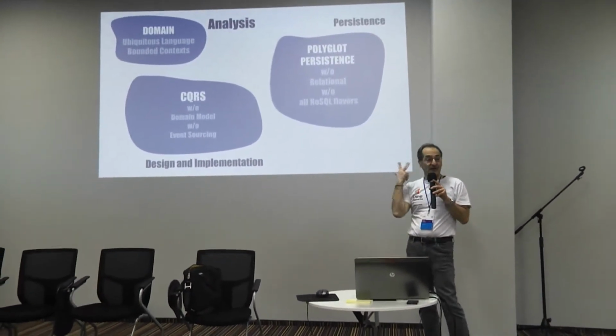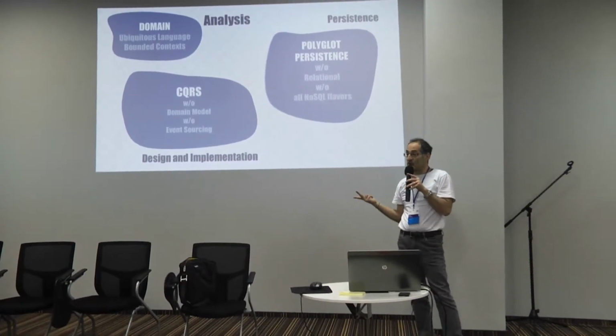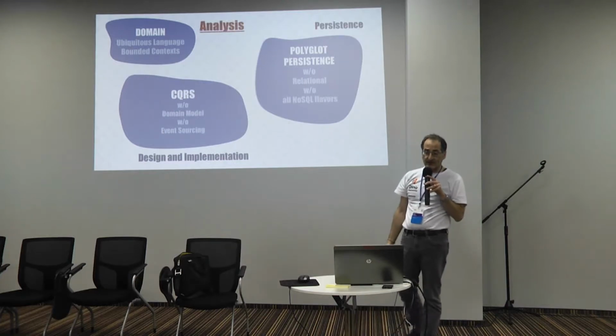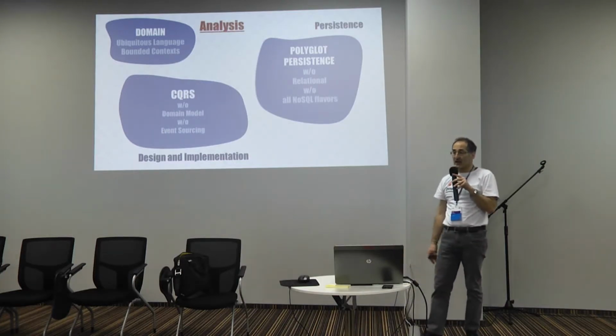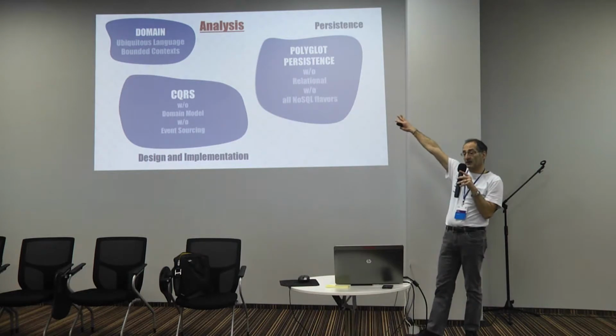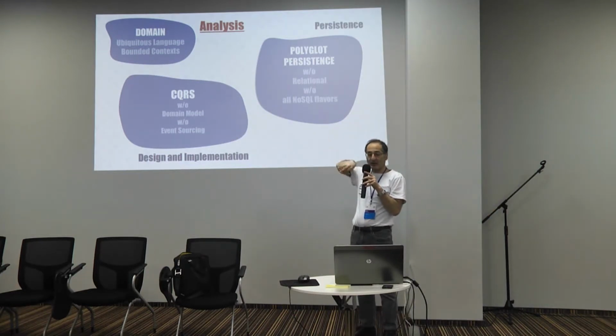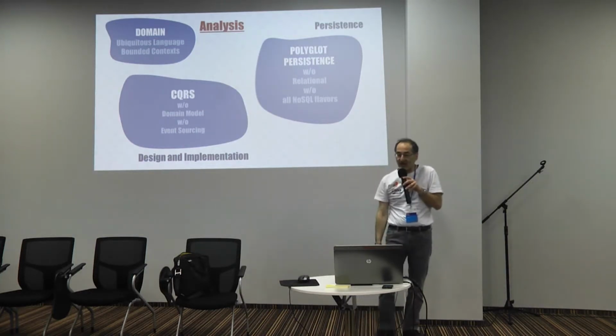So the three key steps of a software project. And what I'm doing now is, in the next few slides, expanding on the structure of this session. This panel is discussing the three aspects: analysis, design and implementation, and finally persistence, so actual examples of polyglot persistence.